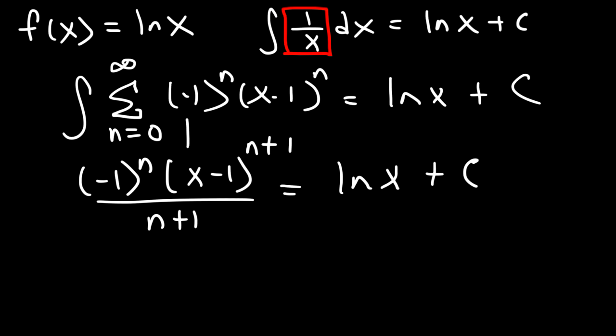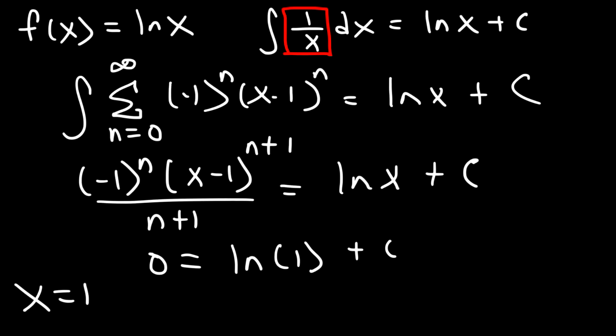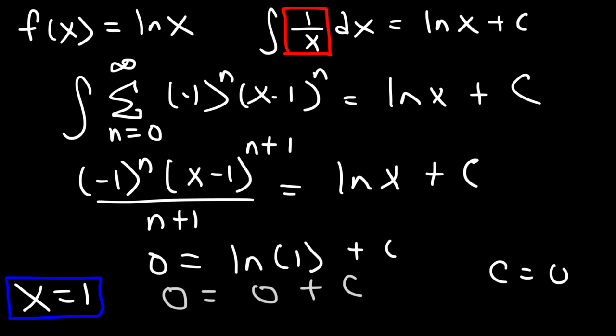If x is equal to 1, then this entire expression becomes 0. 1 minus 1 raised to the n plus 1, that's 0 to the n plus 1, and 0 times anything is 0. And so this is going to be 0, which equals ln 1 plus c, if x is 1. Now the natural log of 1 is 0. So we have 0 is equal to 0 plus c. Therefore, the constant of integration is just 0.